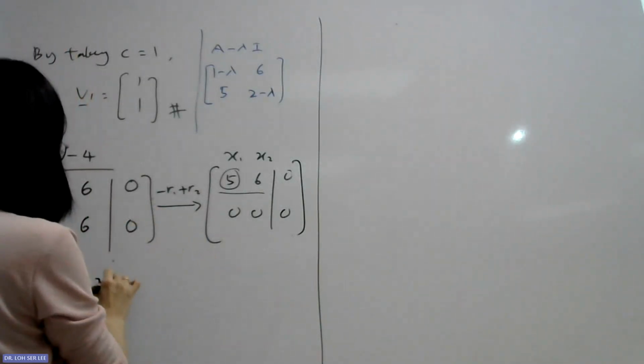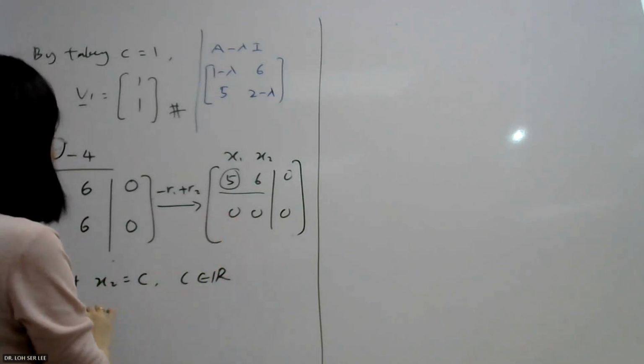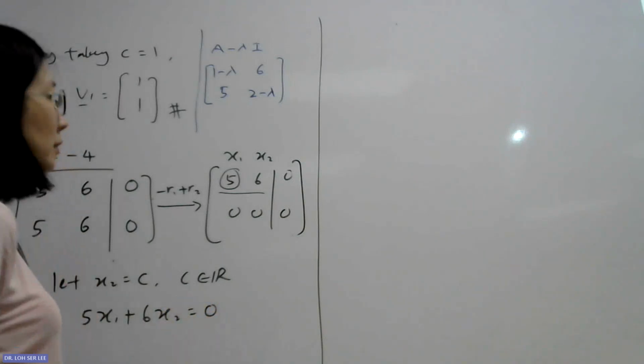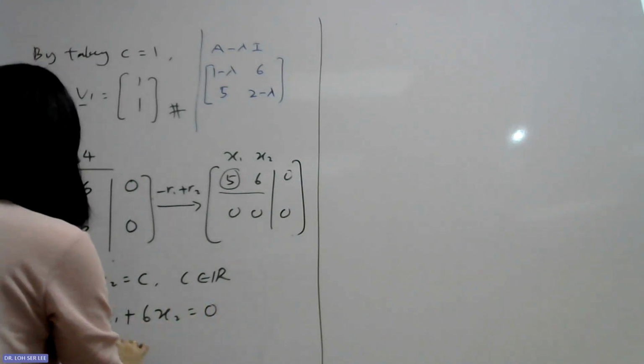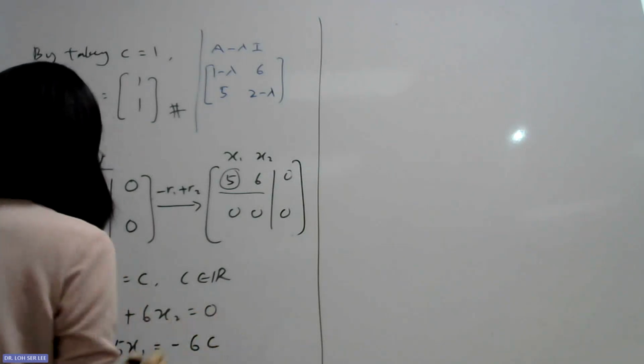So we let x2 be c, c is a real number. And we have 5x1 plus 6x2 equals to 0. So 5x1 is -6c.